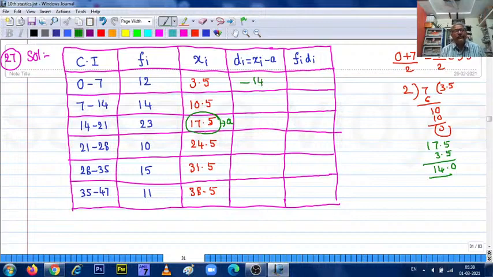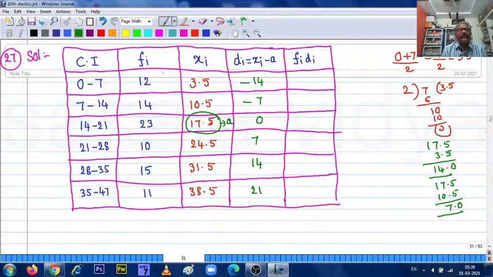Next 10.5 minus 17.5 gives negative 7. 17.5 minus 17.5 gives 0. 24.5 minus 17.5 gives 7. Now go on adding 7: 7 plus 7 is 14, 14 plus 7 is 21. So minus 14, minus 7, 0, 7, 14 and 21.